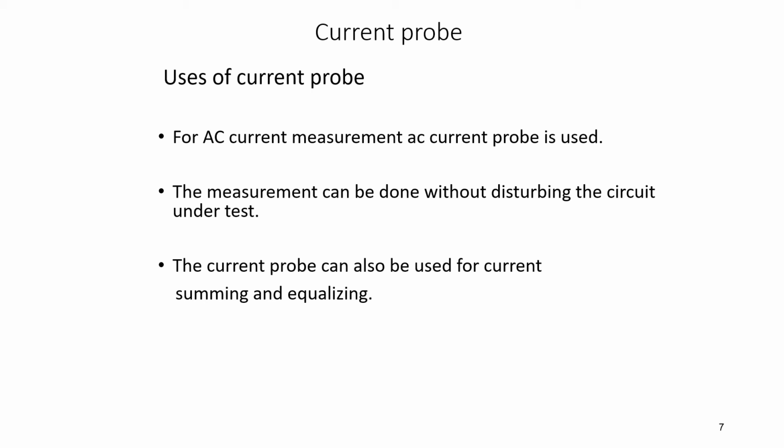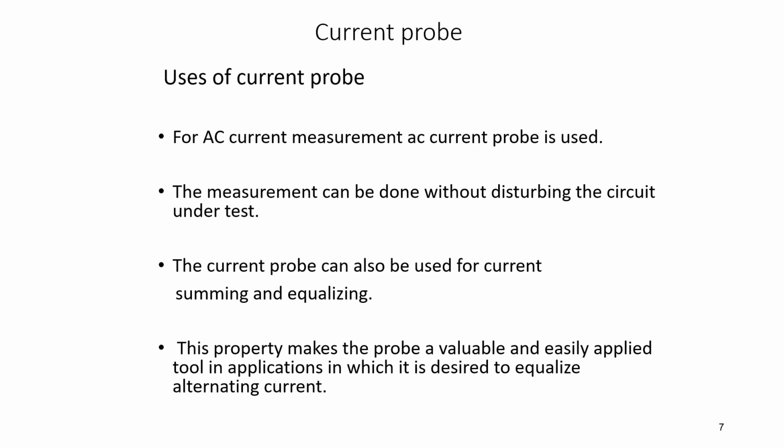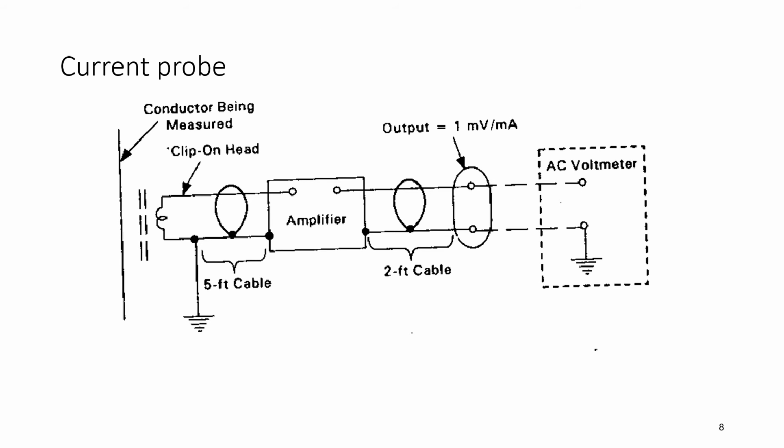This probe provides a method of inductively coupling the signal to the CRO input. Thus, a direct electrical connection to the test circuit is not necessary. This probe can be clamped as shown in the figure.